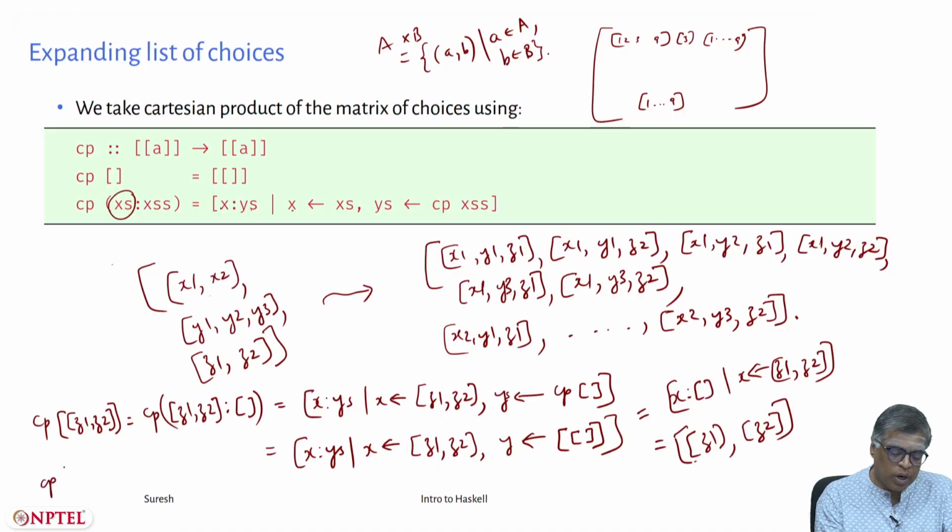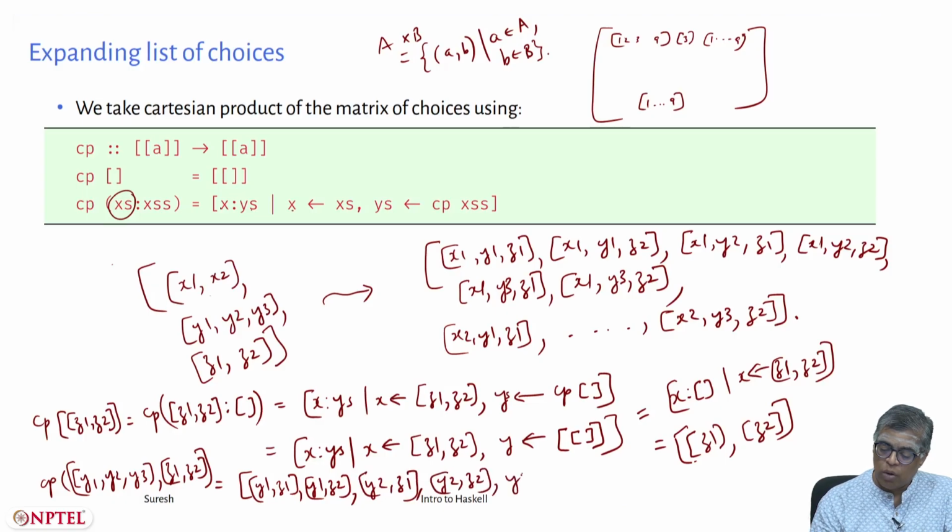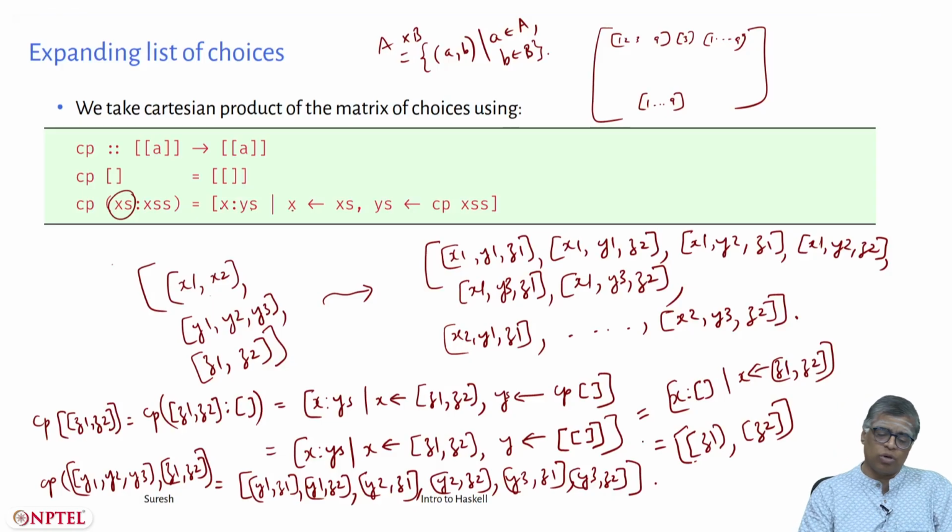So the Cartesian product of y1, y2, y3 equals all those things: y1 z1, y1 z2, y2 z1, y2 z2, y3 z1, y3 z2, and so on. So that's basically it. This is the Cartesian product.